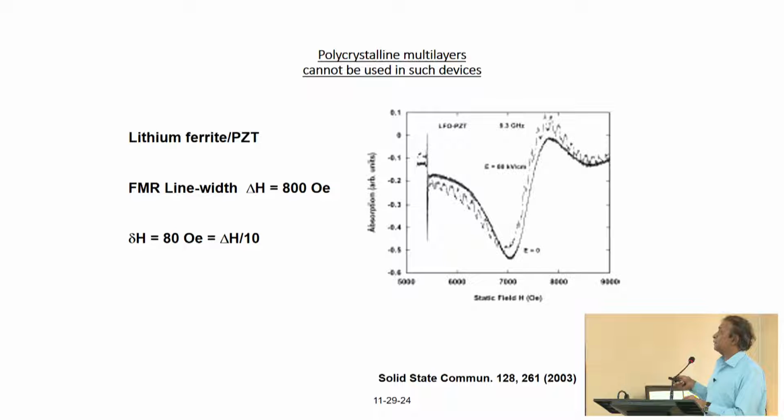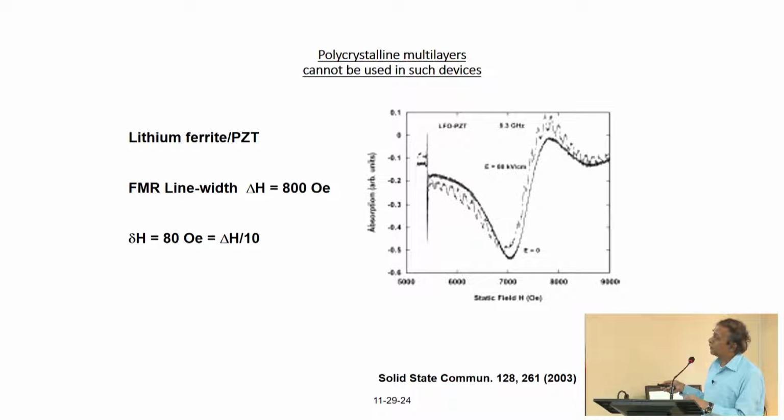Right. This is the ferromagnetic resonance in a polycrystalline multilayer of lithium ferrite and PZT, and look at this FMR profile. It has a line width. The line width is the separation between this dip and the peak. That's close to 800 Oersted, and even if you apply a very large electric field as shown here, the tuning is by a very small static magnetic field, right?